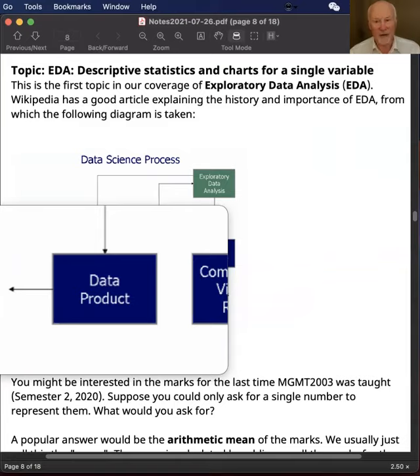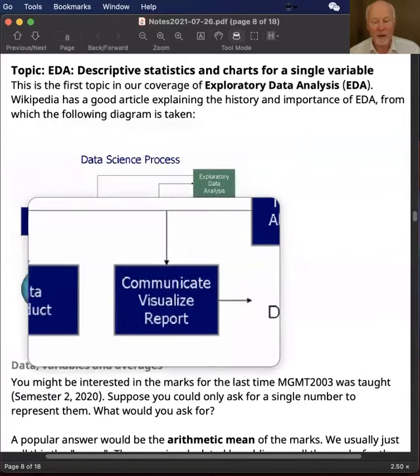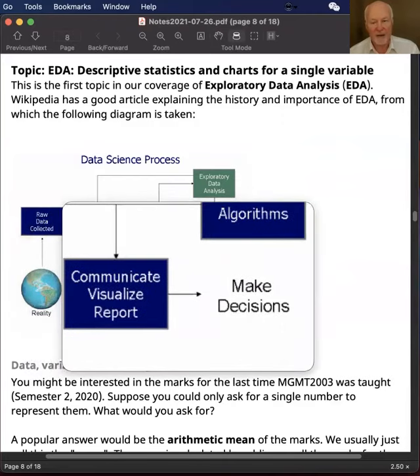It could be a data dashboard which summarizes data from an organization on the fly for management. There are many kinds of data products. But the other thing we do is we summarize, communicate, visualize data for the purposes of decision making. And that's the primary focus in this course.